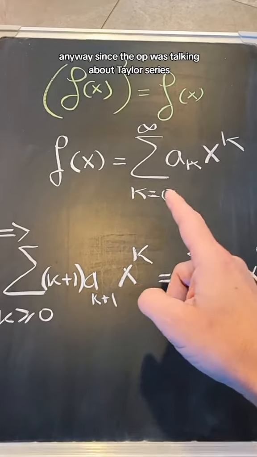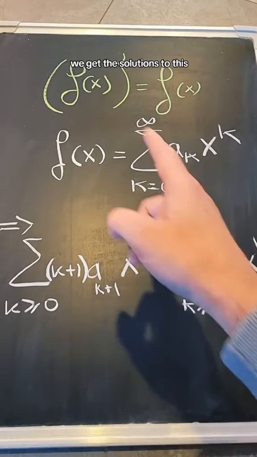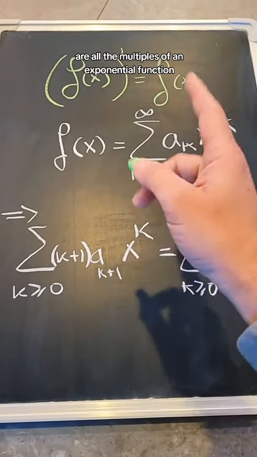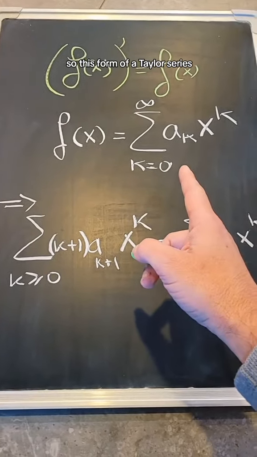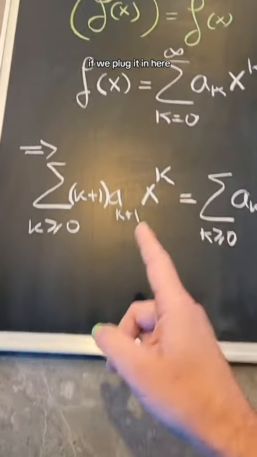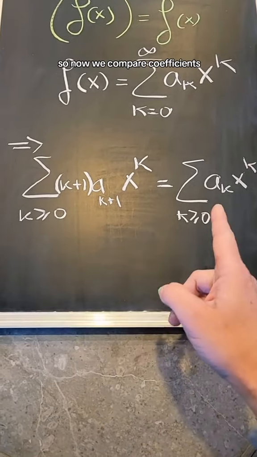Anyway, since the OP was talking about Taylor series, let's see how using Taylor series we get that the solutions to this are all the multiples of an exponential function. So this form of a Taylor series, if we plug it in here, then we get this equality of Taylor series. So now we compare coefficients.